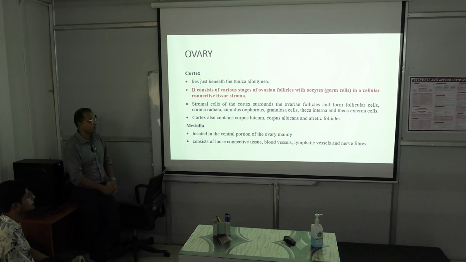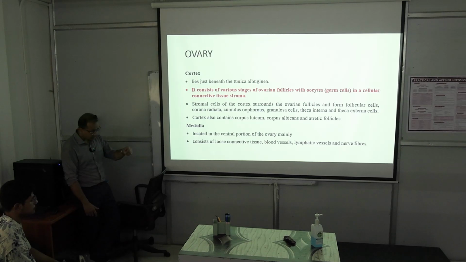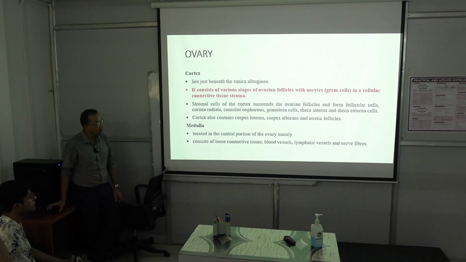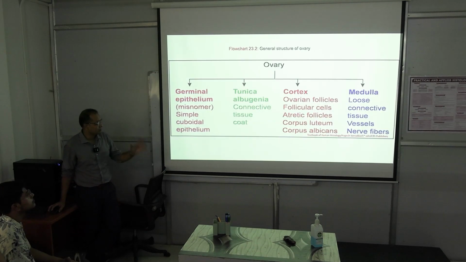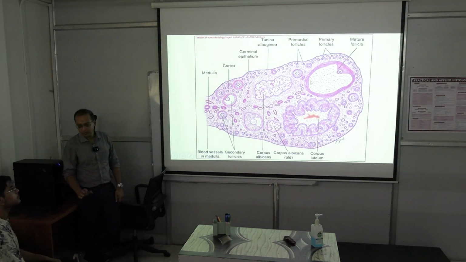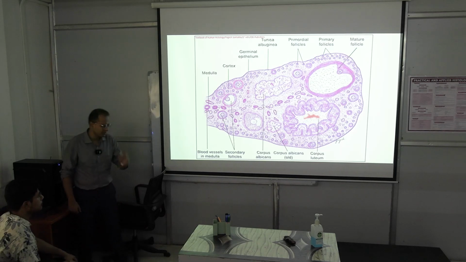Only if this secondary oocyte meets with the sperm will the meiotic division, which is arrested at metaphase, be continued, and the second polar body will be exited afterwards. So, these are the physiological background points of the ovum or the oocyte that we have discussed.